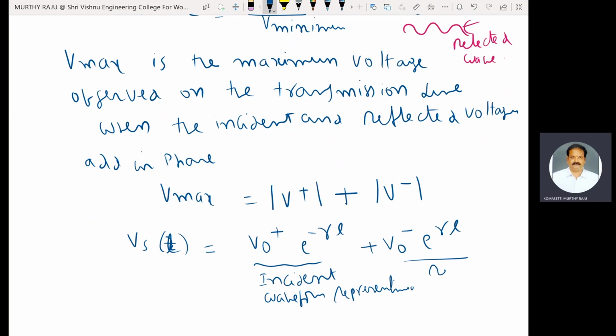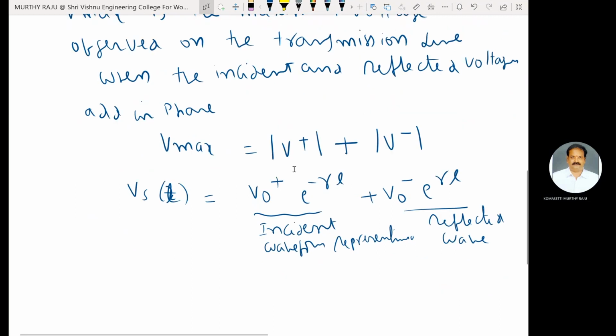This one is the reflected waveform representation. This one is V plus, this one is V minus.